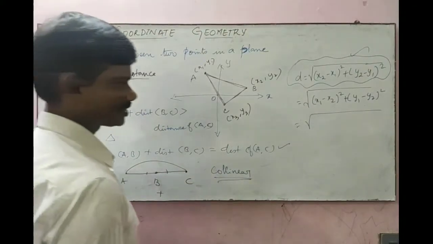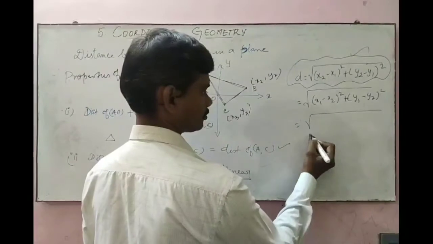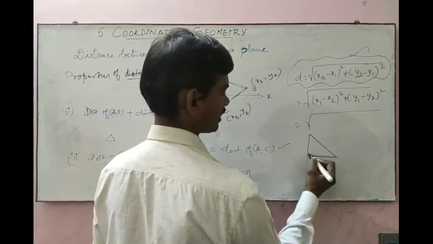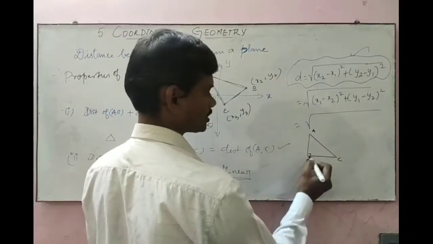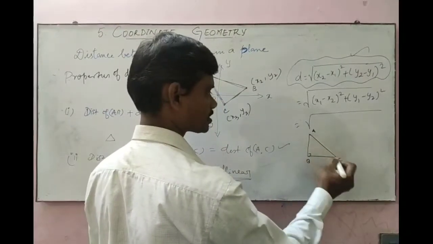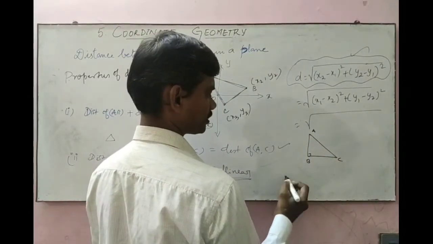Then the third property, if the 3 points form a right angled triangle, then A, B, C. Using the distance you can find whether these 3 points form a right angle triangle.